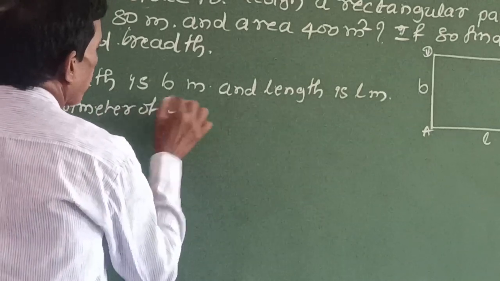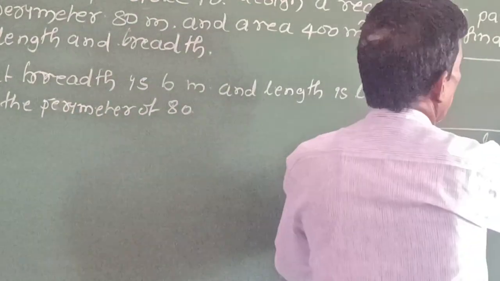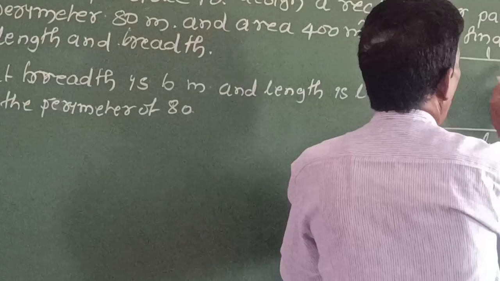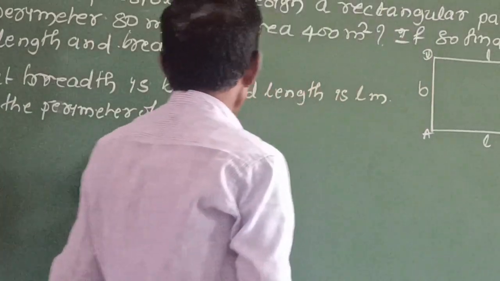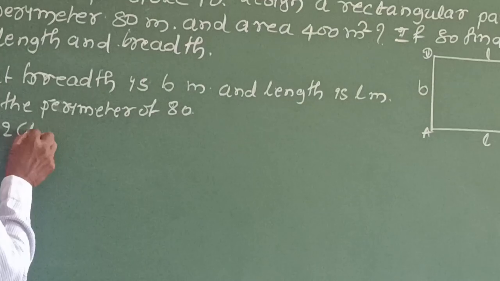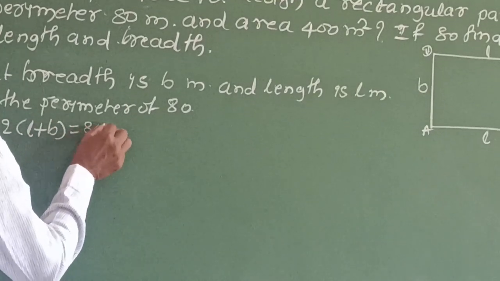So the perimeter is B and L, 2B and 2L. The rule is 2 bracket L plus B equal to 80.